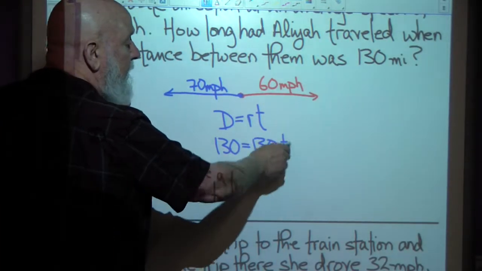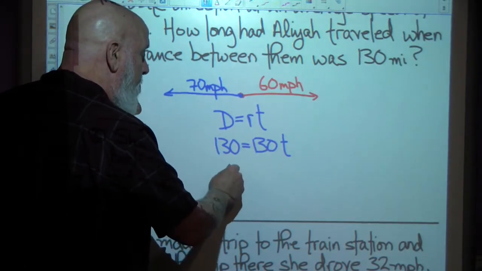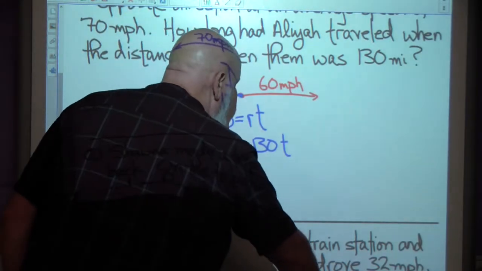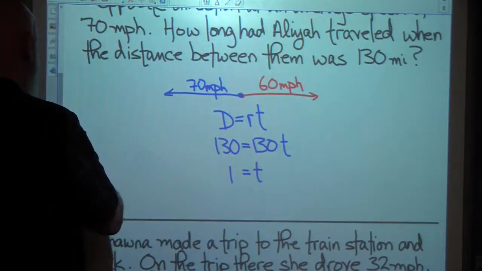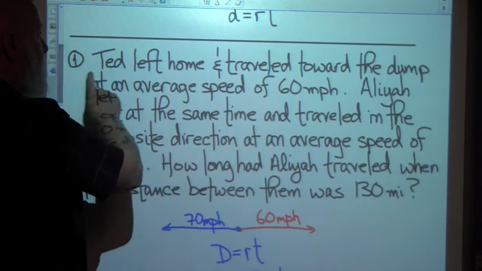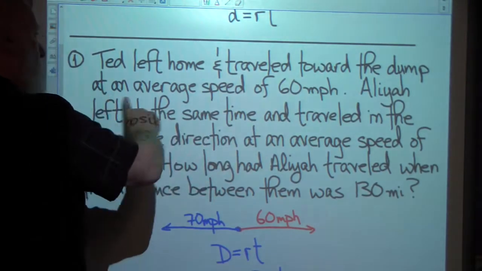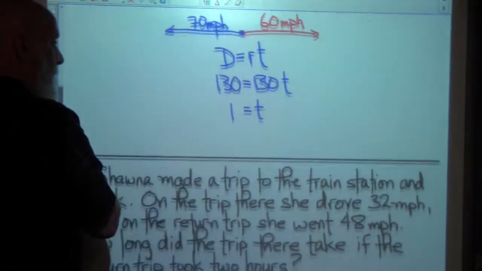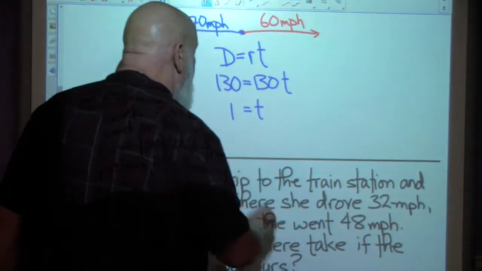How do I solve this? I divide both sides by 130, and I get 1 is equal to t. And then I ask myself, what unit of measure are we using for t? And it says it a couple of times, miles per hour, so time is in hours. And so that would be 1 hour, if I haven't made a mistake.